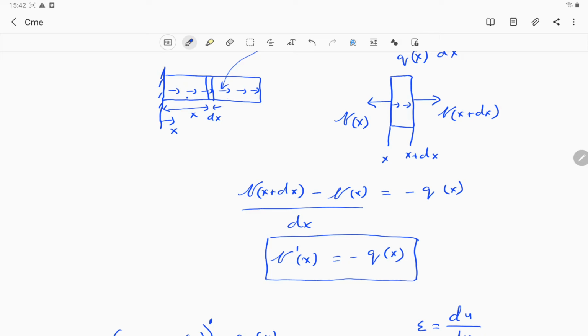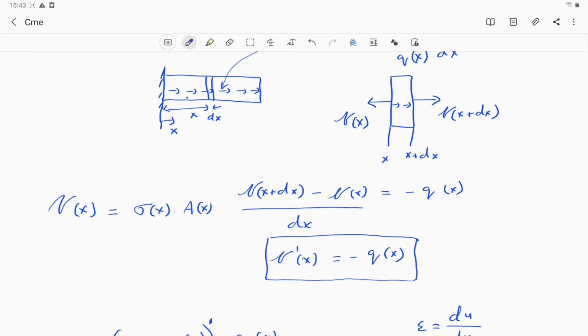Okay, now N of x is a normal force, so N of x is equal to sigma of x into area A of x, provided A is varying as a function of x.